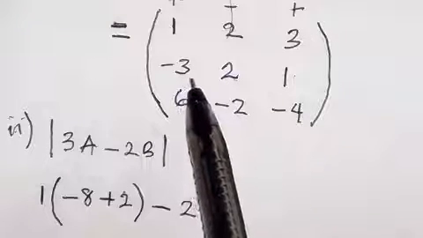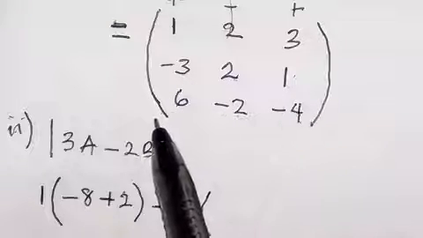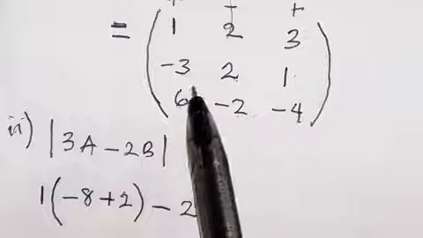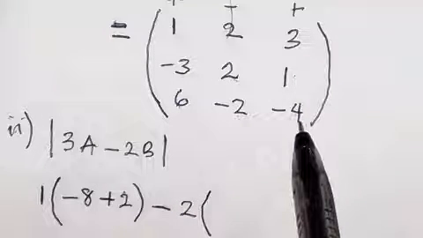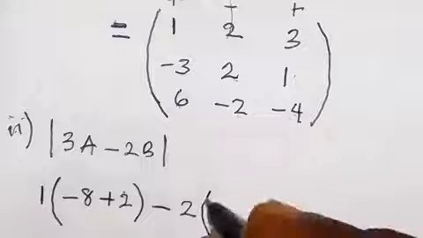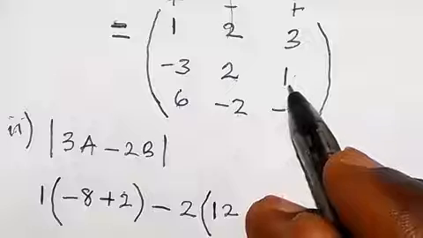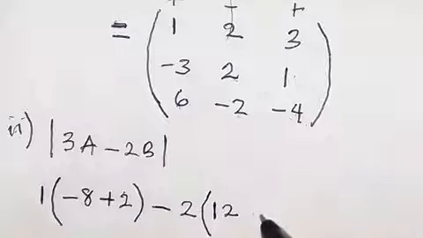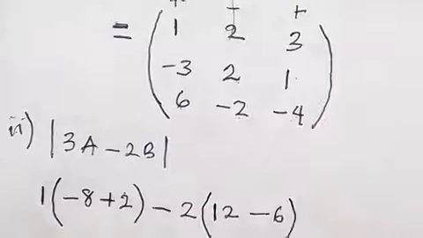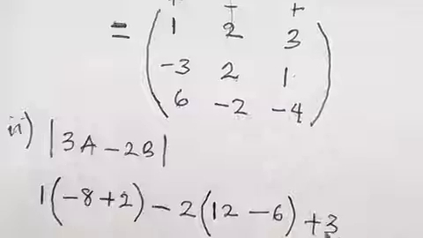You only have minus 3, 1, then 6, minus 4. So minus 3 times minus 4 is plus 12. Then 1 times 6 is 6, that's minus 6. Then plus 3 now.